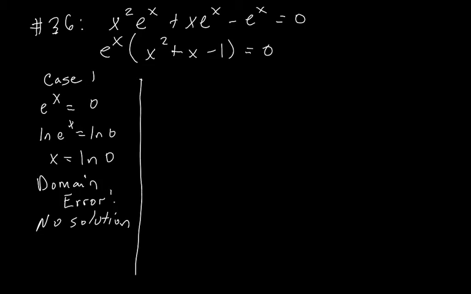So then we have to say, okay, well, let's put some headlines here. We have to say, where is x squared plus x minus 1 equal to 0? How do I figure that out? Well, let's go back in our memory.